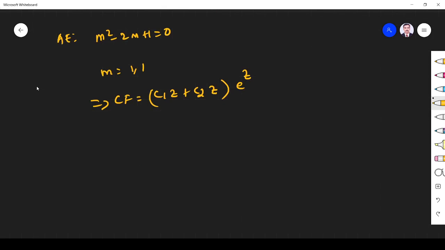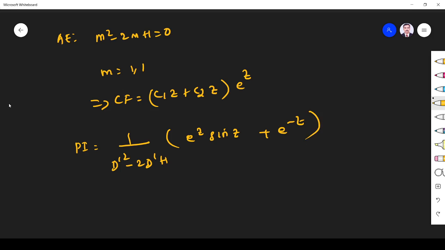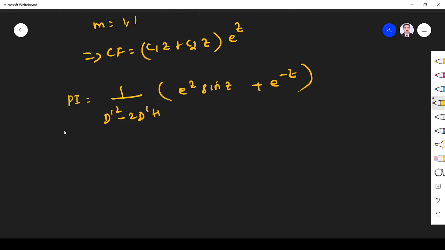Okay, next the particular integral. Particular integral is given by 1 by (D dash squared minus 2D dash plus 1) of e power z sine z plus e power minus z. This is what my PI is. I split into two parts. So for the first one, with e power z, I replace D dash by D dash plus 1.